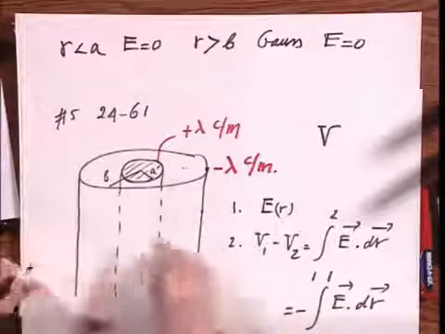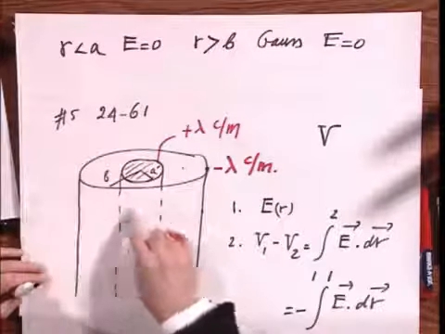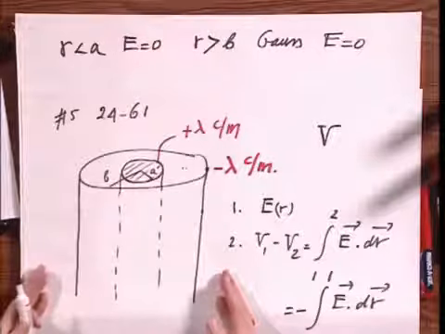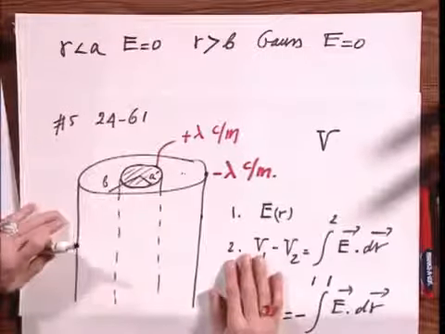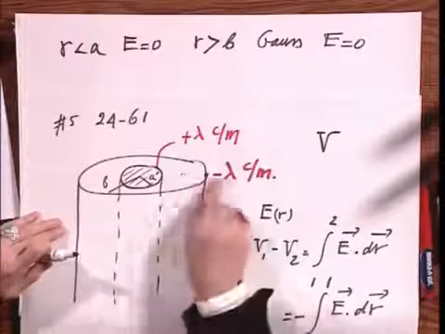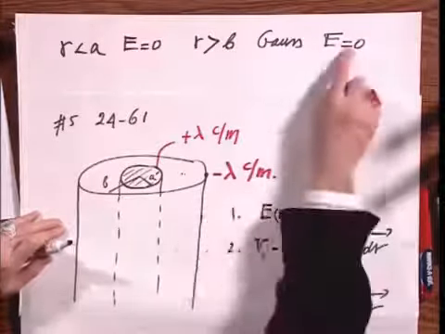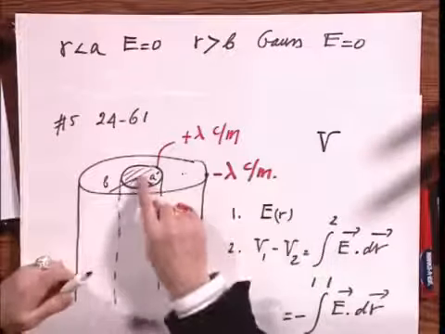You will make a Gaussian cylinder with a radius larger than B, and you give it any random length you want, I don't care, and you apply Gauss's law, and you will find, since there is no charge inside that cylinder, that the electric field will be 0. So outside 0, and here in the core 0.